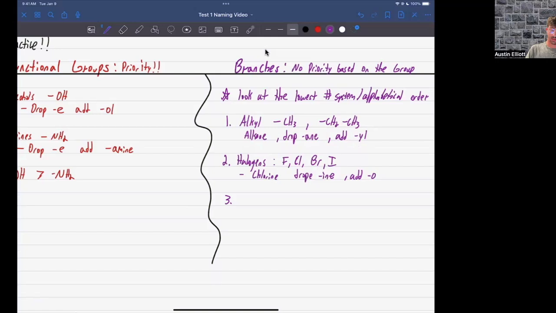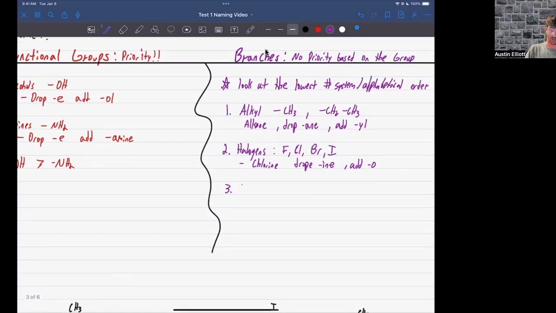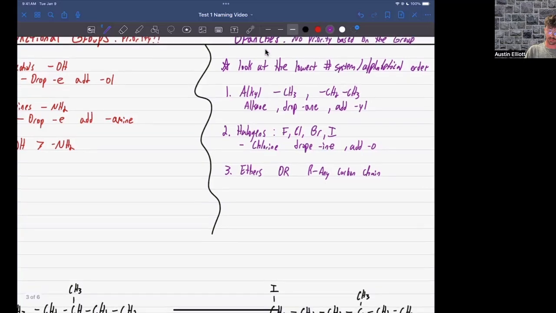Our last main branch group at the moment are our ethers. And these we designate as OR, R just being any carbon chain. So we could have a one carbon ether being a methoxy, and they can get up to whatever size they want to be. So with naming, we'll look at methane once again.